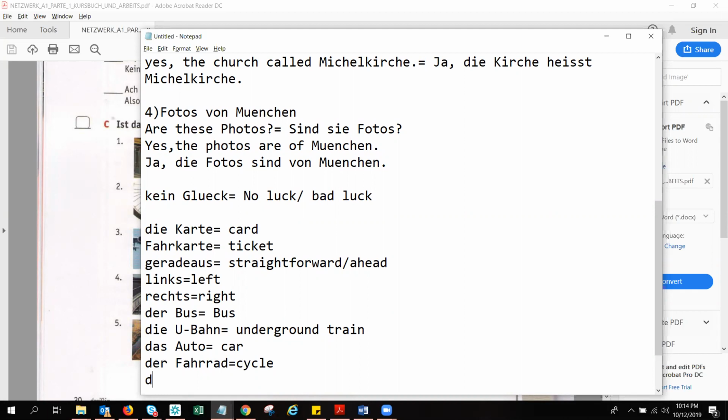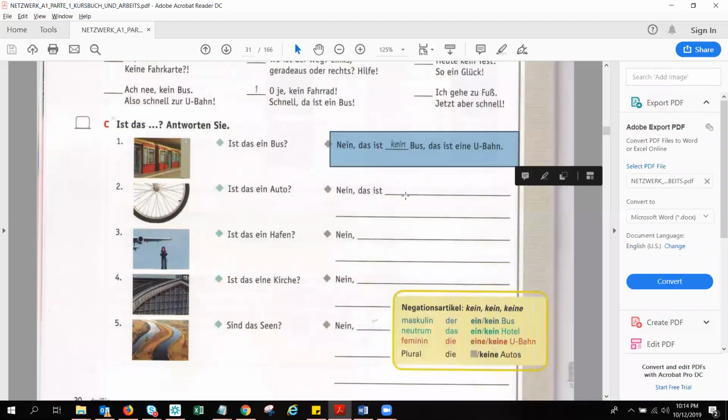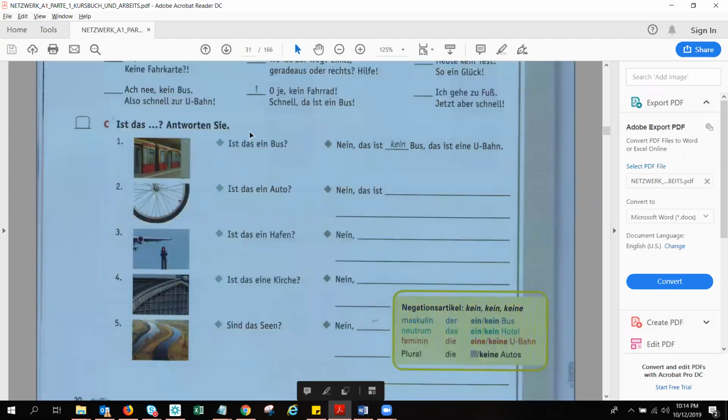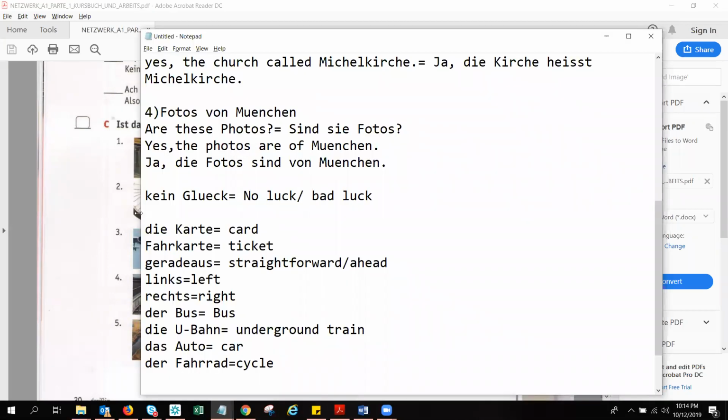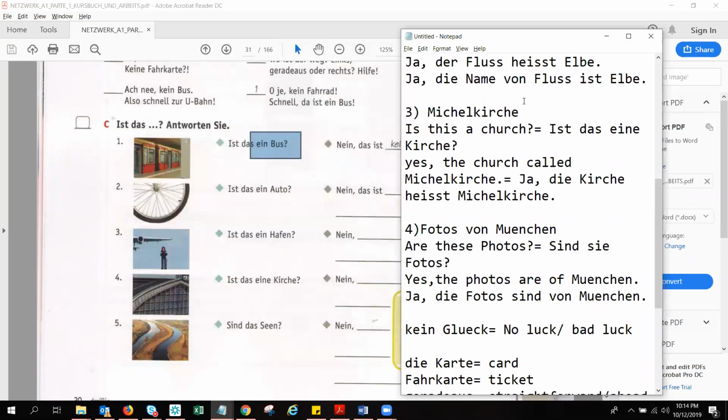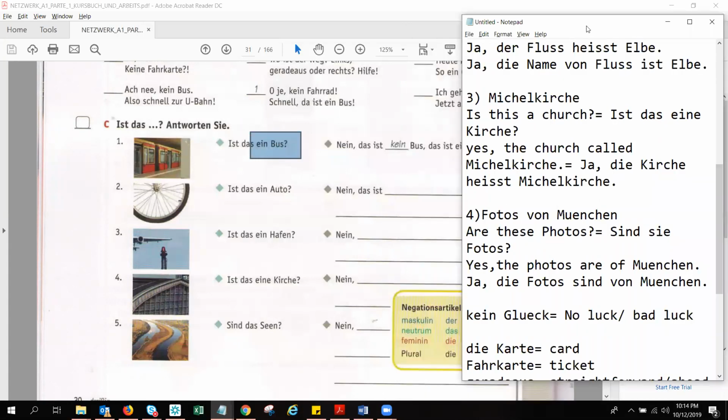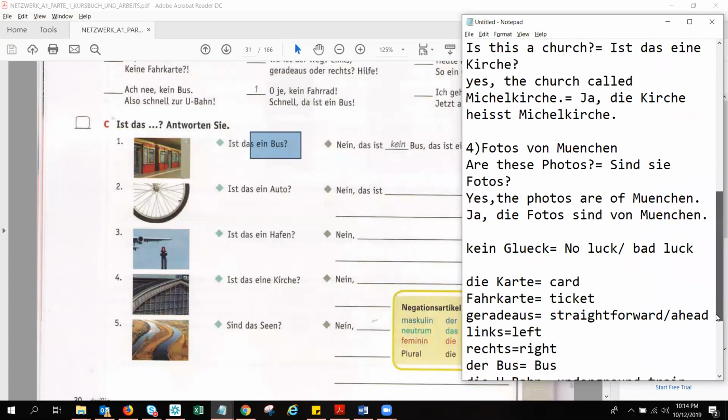Cool. So, ist das ein Bus? Nein, das ist kein Bus. Das ist eine U-Bahn. So you can see, because the article of bus is der, that's why we are using ein here.